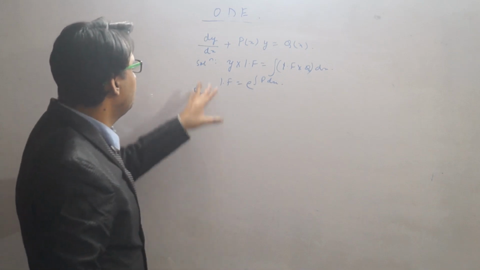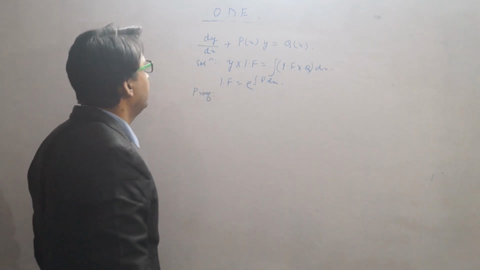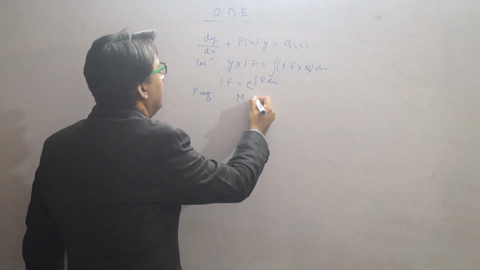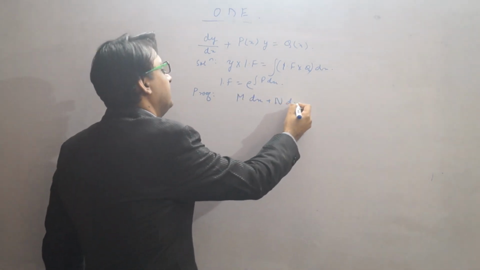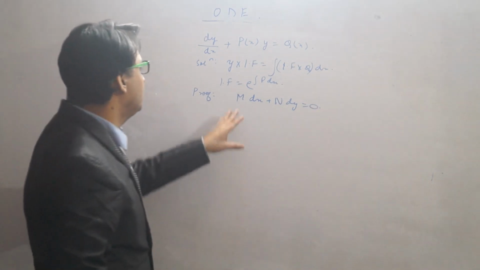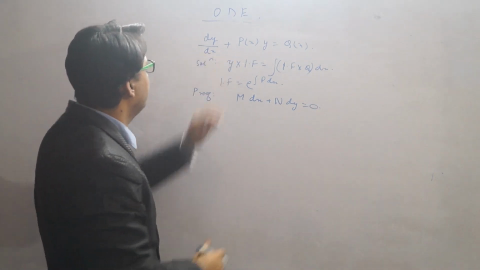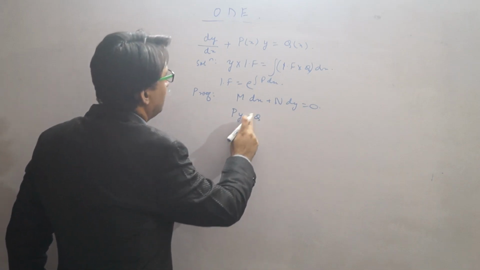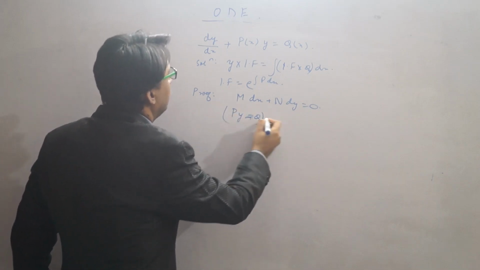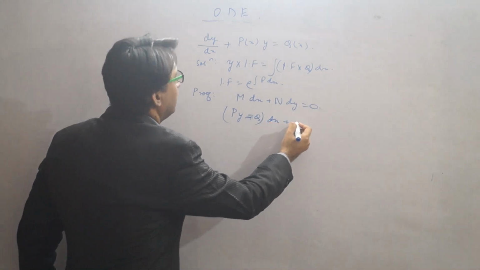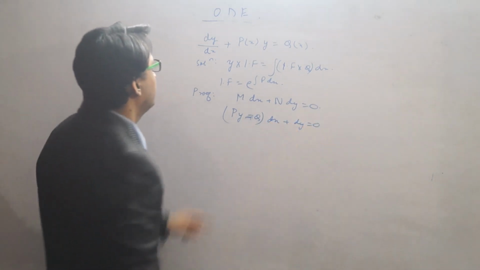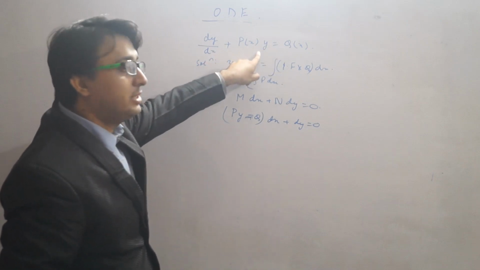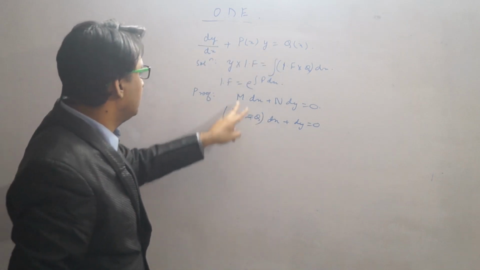So for the proof, first of all we write it in the form of M dx plus N dy, because we are going to make use of this. So if we take (Py minus Q) dx plus dy, it is of this form.